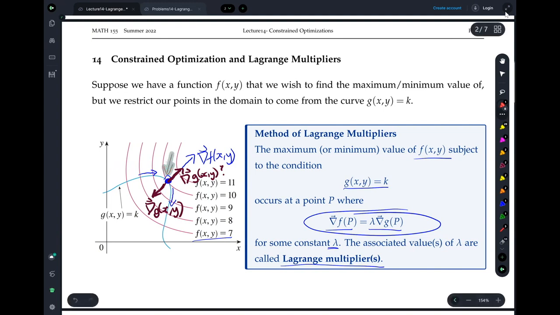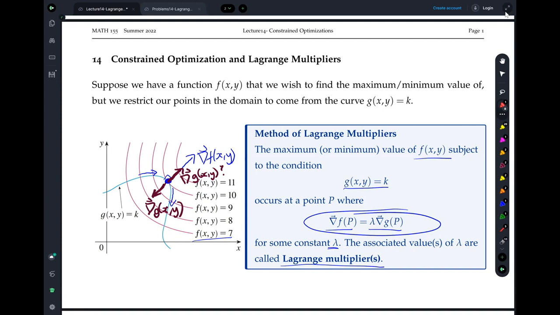What that means then is that we know our gradient of our function, our grad of f, is always perpendicular, at right angles, to our level curve. And that means as well that our gradient of our constraint curve is going to be parallel or anti-parallel to our gradient for our function. So grad of f is going to be parallel or anti-parallel to grad of g.